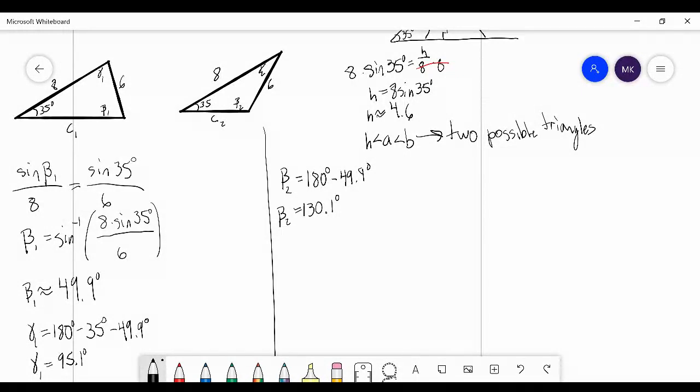So that's our beta 2. That means that gamma 2 is equal to 180 minus 35 degrees minus 130.1 degrees. So gamma 2 equals 14.9 degrees.